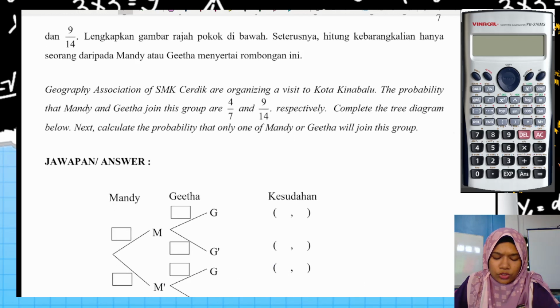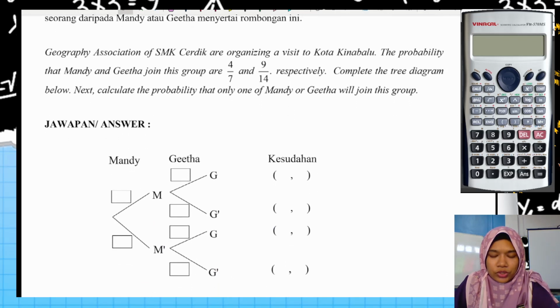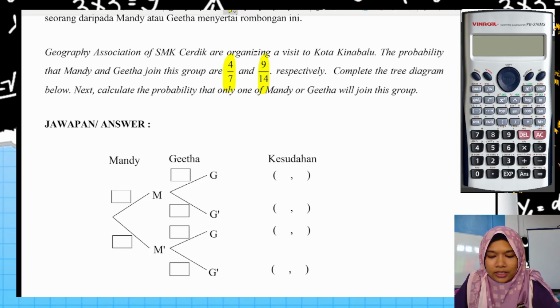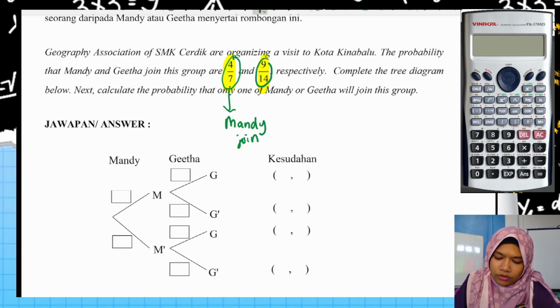So Geography Association of SMK Cerdik organizing a visit to Kota Kinabalu. The probability that Mandy and Gita join this group are 4 over 7 and 9 over 14. Okay, so 4 over 7, this one Gita. Sorry, bukan Gita. Mandy. Mandy join. Okay, Mandy join. Probability to Mandy join. Okay, and then 9 over 14, the probability for Gita join.